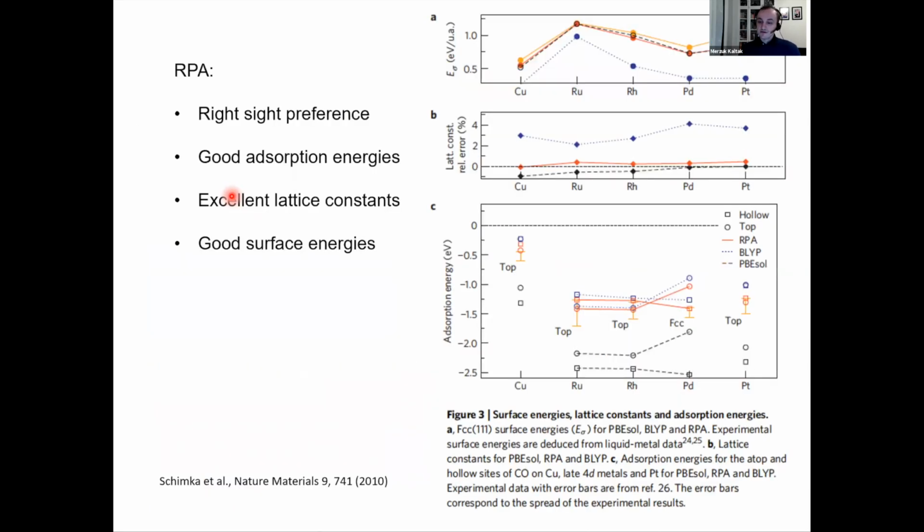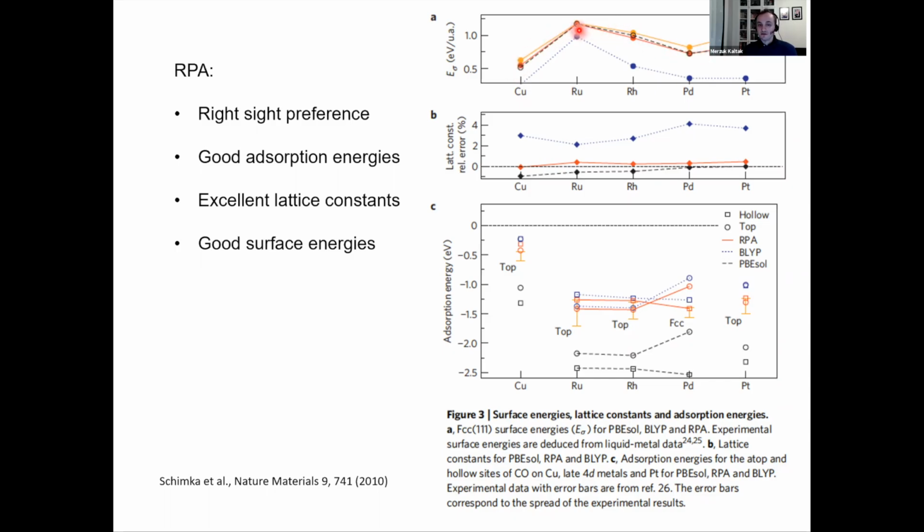Okay, so in summary, here we have more results. On the right-hand side, you have the surface energy for a set of surfaces for different elements. And we have the experiment, which is given by this yellow line. You see that RPA is really close to the experiment. So is PBEsol as well.